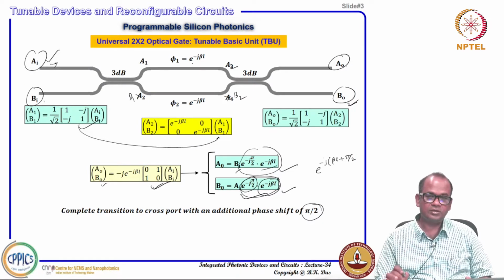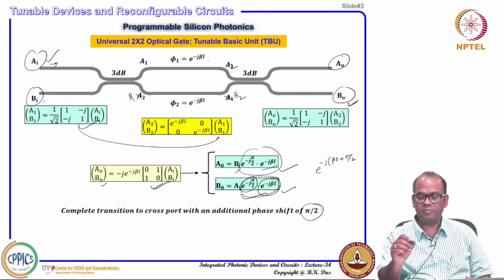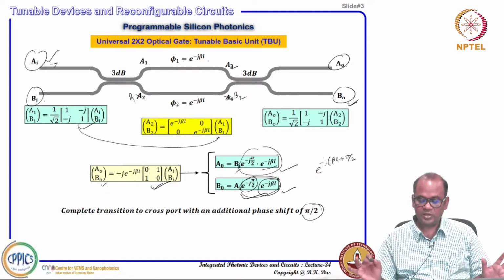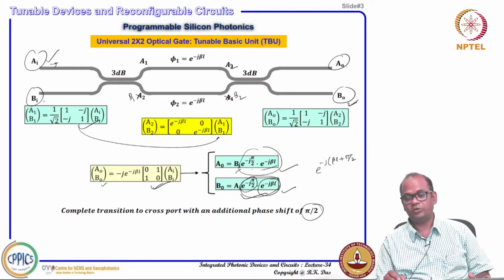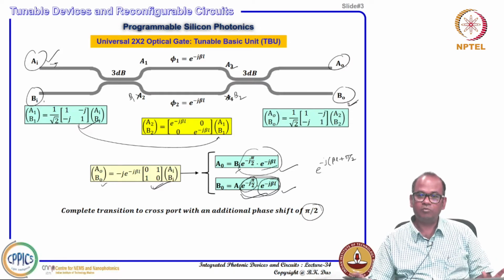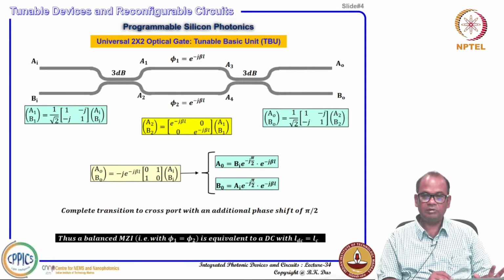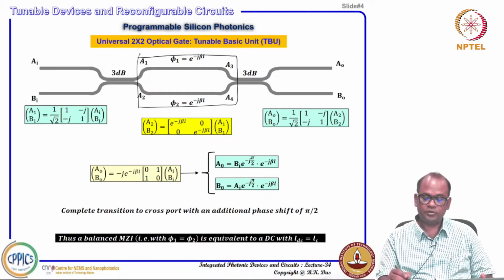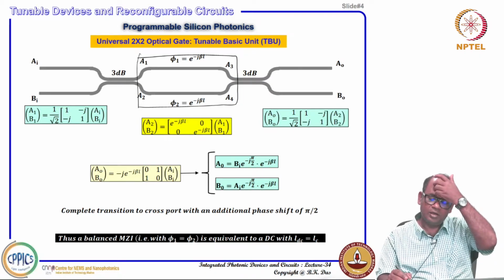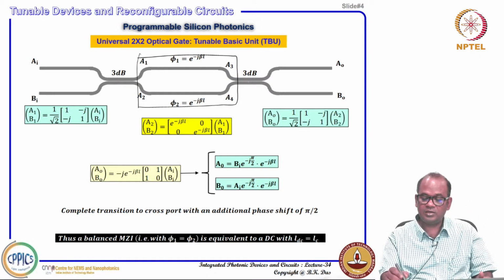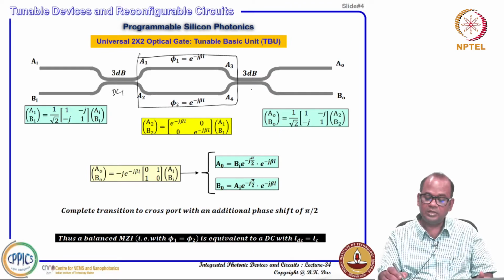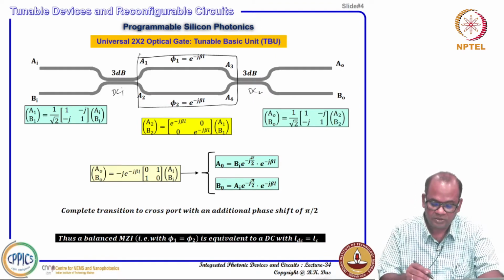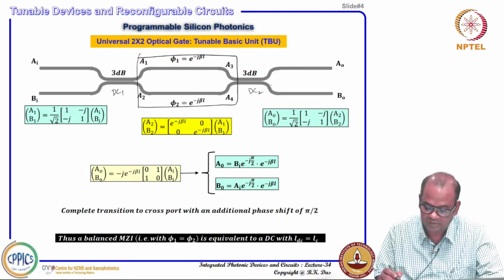So, whatever propagation length dependent phase you are getting, that is there, but in addition to that, because of the directional coupler, it will have another pi by 2 phase shift, that we know. We have discussed this already before. So, you can think of, instead of this balanced Mach-Zehnder, balanced arm, this 3 dB DC, DC 1 and DC 2, if it is directly connected, that means you are doubling the directional coupler length.